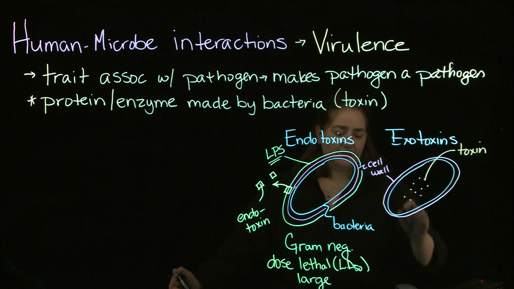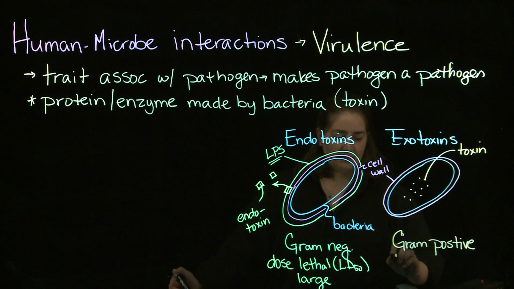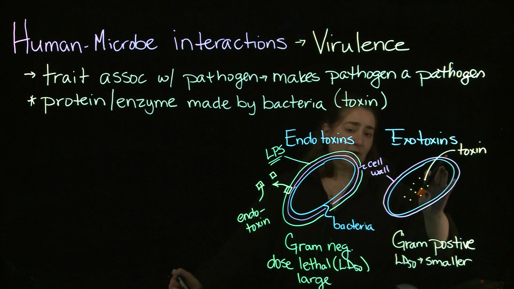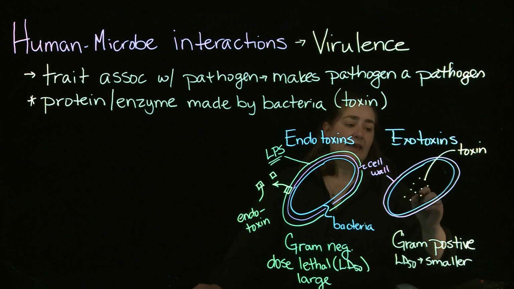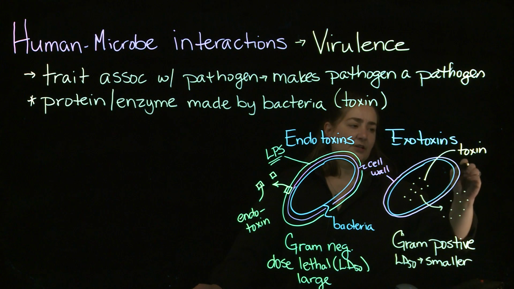Exotoxins, on the other hand, typically are made by gram-positive bacteria. The lethal dose tends to be much smaller that's associated with that. In this case, the exotoxin that's made by the gram-positive bacteria, it's part of its genome, it makes that exotoxin, and it secretes it outside of the bacteria.